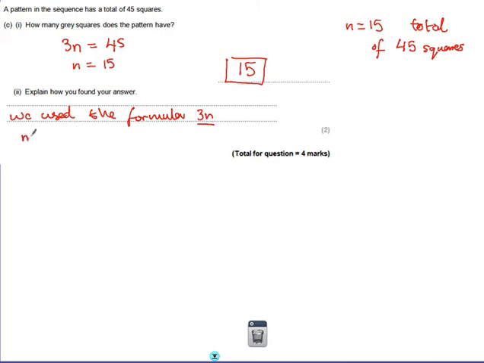The 15th term has 45 squares, and the 15th term, so I'm going to write it down properly, 15th term has 15 grey squares.